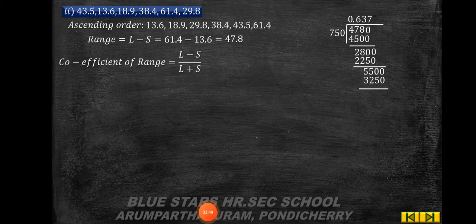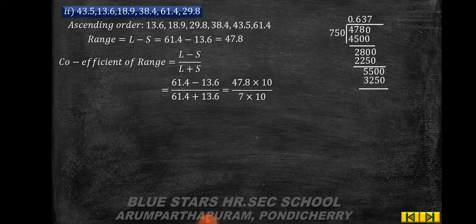Next, you have to find the coefficient of range, which is equal to L minus S by L plus S, which is equal to 61.4 minus 13.6 divided by 61.4 plus 13.6, which is equal to 47.8 into 10 divided by 75 into 10, which is equal to 478 by 750.